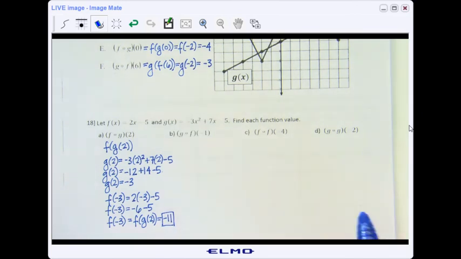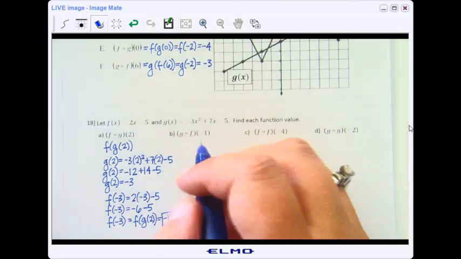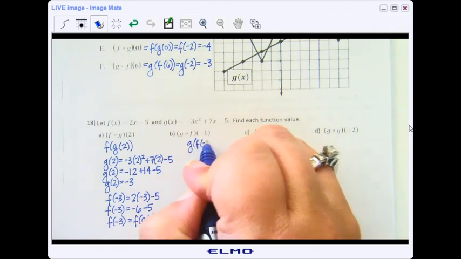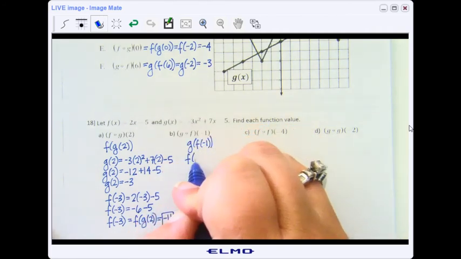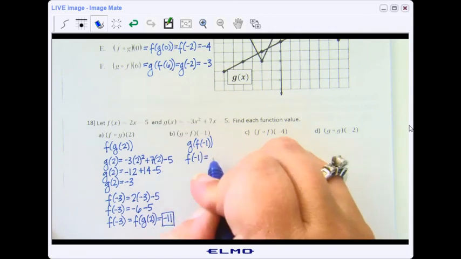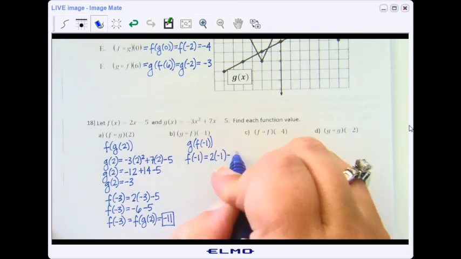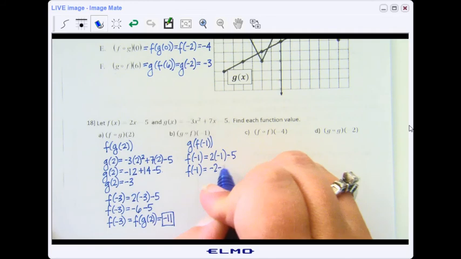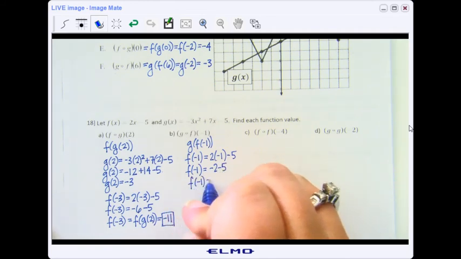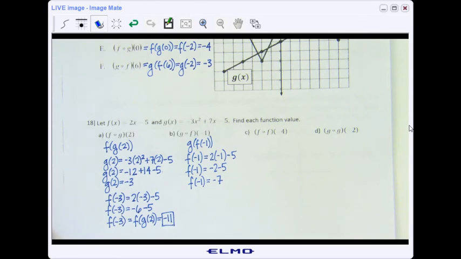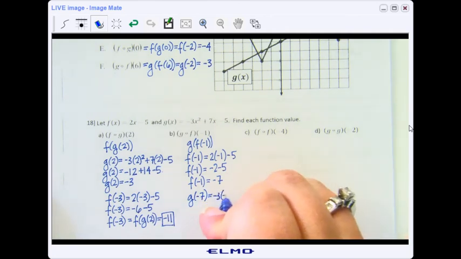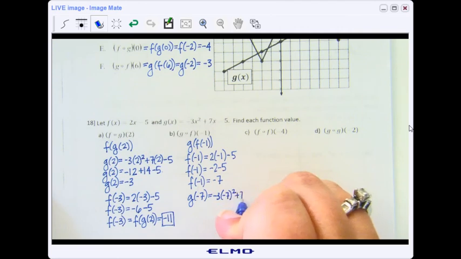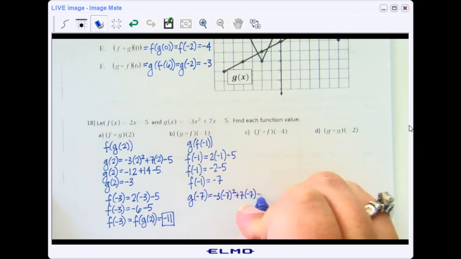In B, you're finding g of f of negative 1. So I need to find f of negative 1, which will be 2 times negative 1 minus 5. So f of negative 1 is negative 2 minus 5, and f of negative 1 is negative 7. So I need to find g of negative 7. So this will be negative 3 times negative 7 squared plus 7 times negative 7 minus 5.